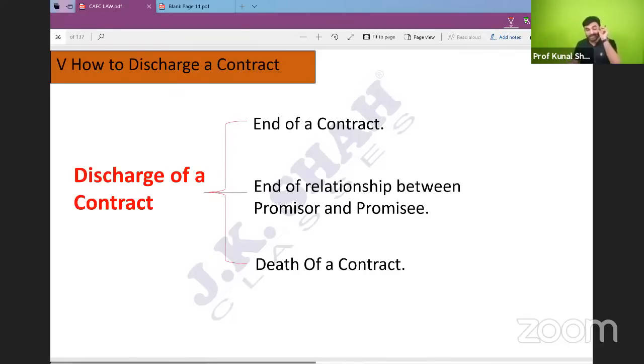It also means end of the relationship between promisor and promisee. So whenever a contract gets discharged, the contract has come to an end, and the contractual relationship between a promisor and promisee has also come to an end. In short, it is nothing but the death of a contract.